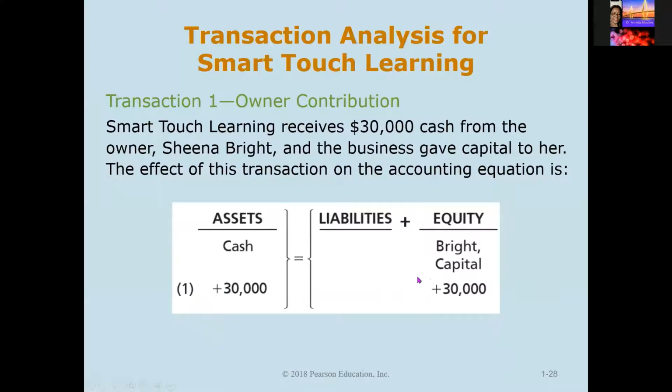The right side of the equation is the $30,000 equity. An increase in cash will be an increase in equity on the right side of the accounting equation. So the accounting equation must be in balance. The left side must equal the right side.